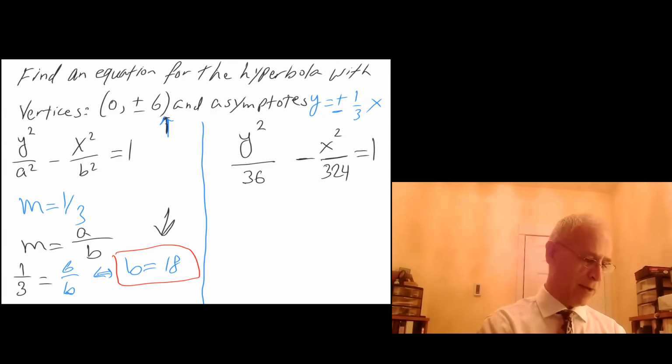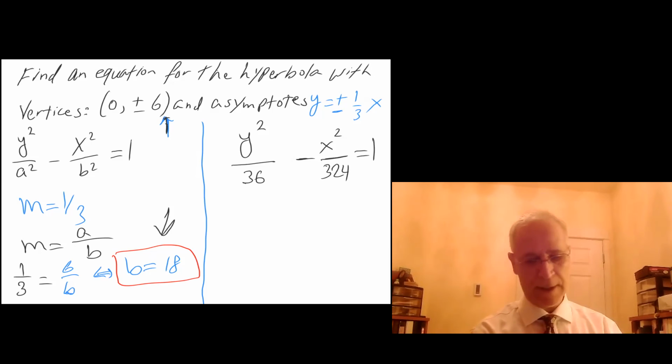Let me double check. I have my calculator right here. 18 squared equals 324. That's right.